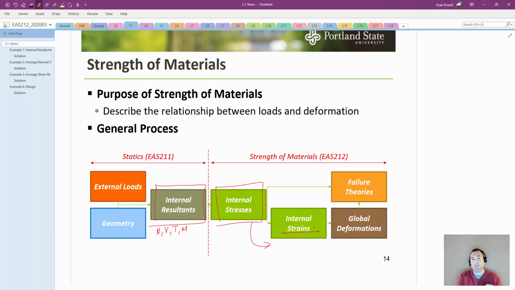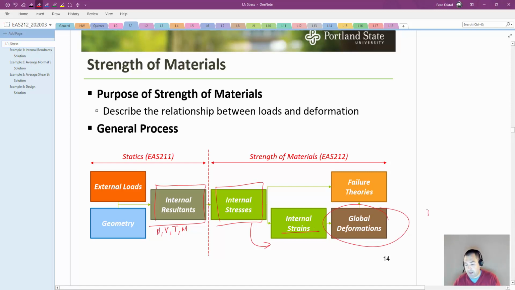Well, stresses and strains are related based off material properties, and so if we understand that relationship, we can go from basically all the way back from the loading and the geometry of a system to the stresses and then eventually to the strains. We can start estimating what the change in overall geometry of the system would be, and that's what we call global deformations.